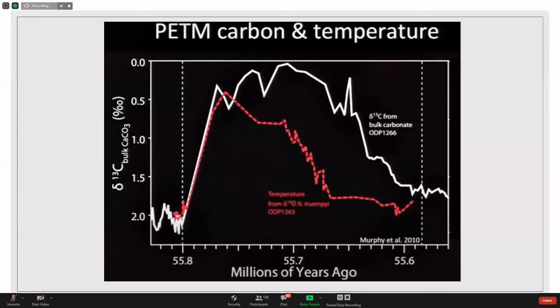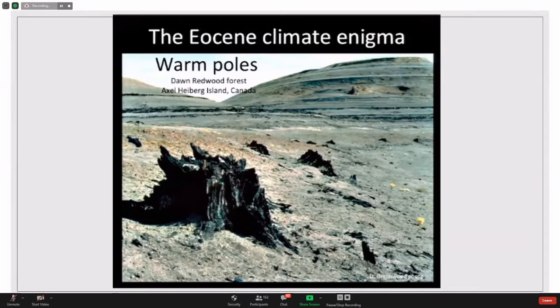To reconstruct paleoclimate, or what the world would have looked like, you have to look at different fossil records at different places, at different latitudes as well, and put it together.